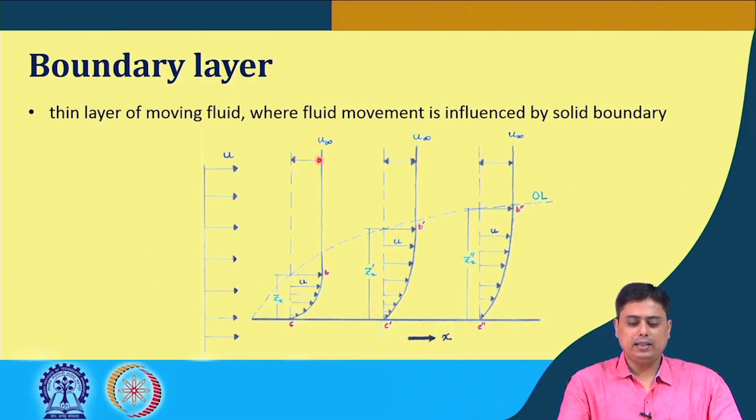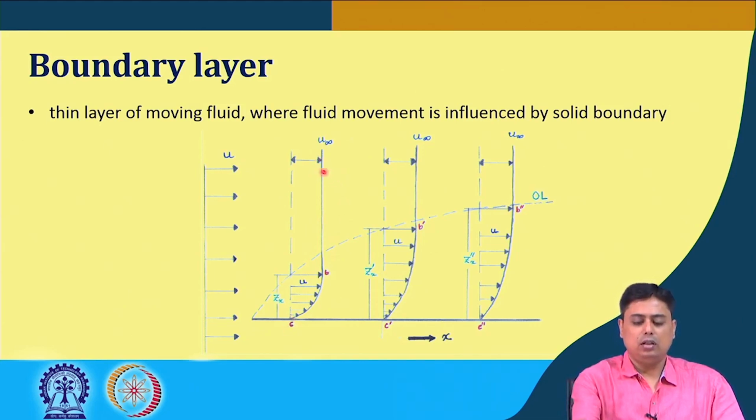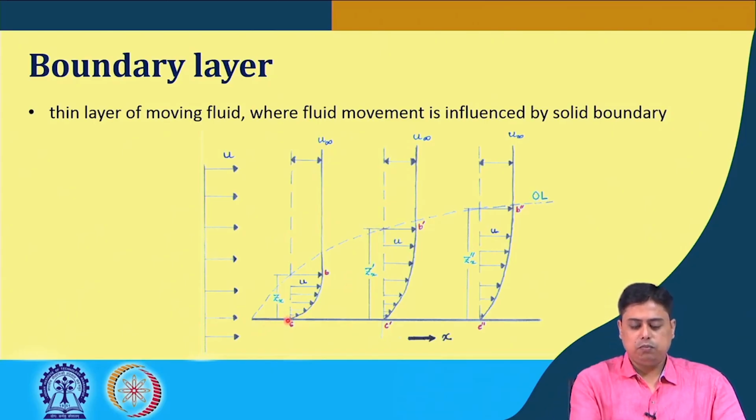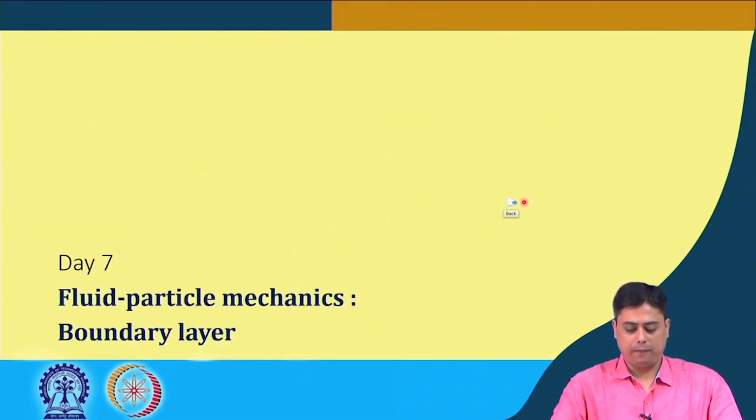So, the point is that it achieves the bulk fluid velocity some point far from the solid object. Now, these points, let us say, are connected by this imaginary line.